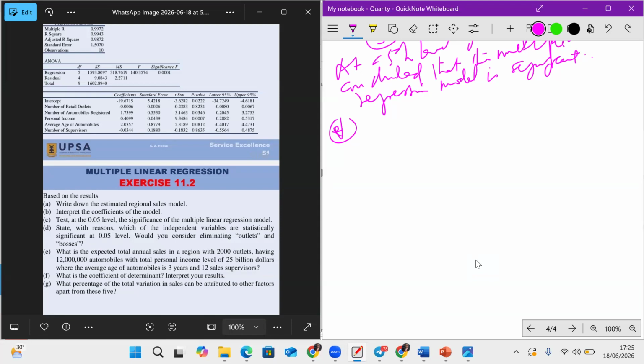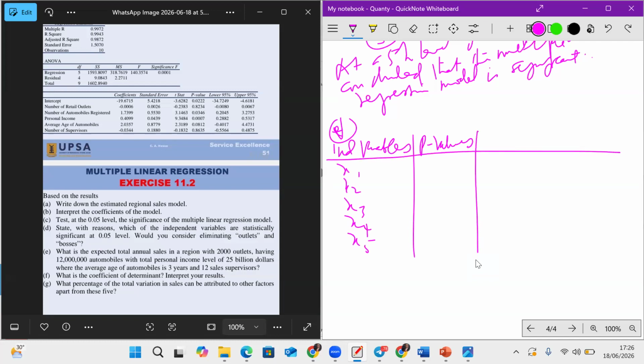So what you start with is you write the independent variables in a table. Then you write all of them, x1, x2, x3, x4, x5. Then you come with another table. You write their p-values.